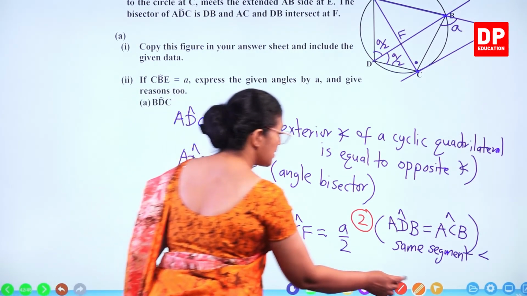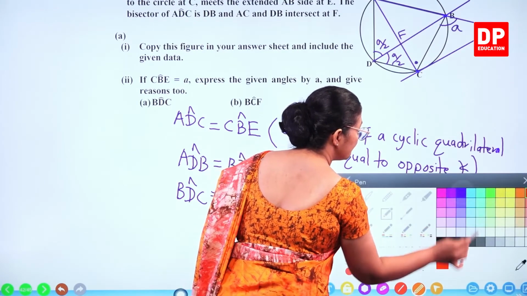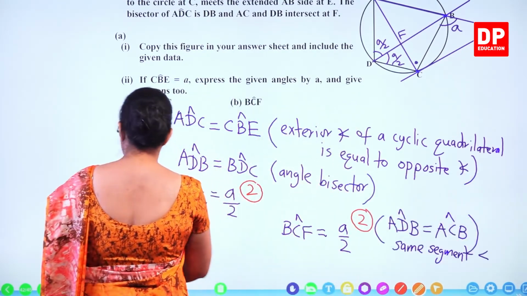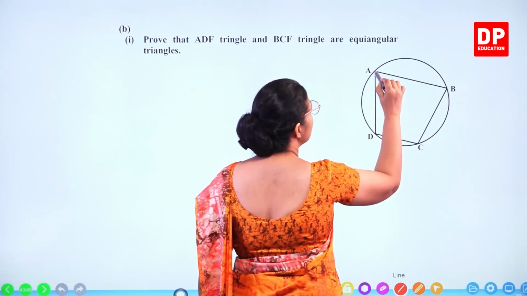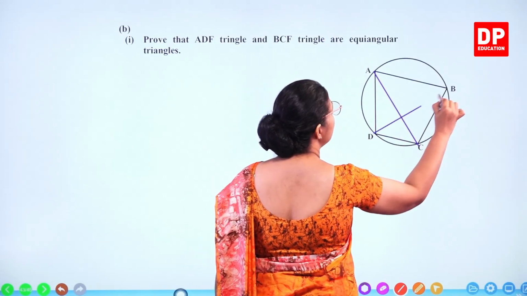And second part, prove that ADF triangle and BCF triangles are equiangular. So let's draw all the lines here.